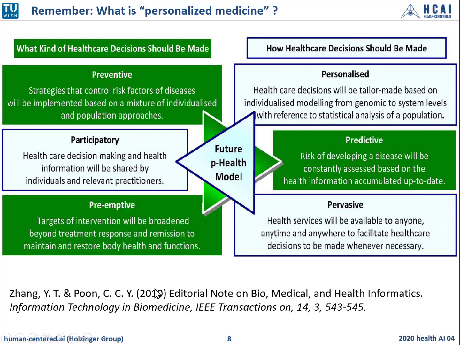And the final step, preemptive, that means targets of intervention will be broadened beyond treatment response and remission to maintain and restore body health and functions. And how? Pervasive. Health services will be available to anyone, anytime, anywhere to facilitate healthcare decisions to be made whenever necessary. So this is the theoretical background of what is personalized medicine.